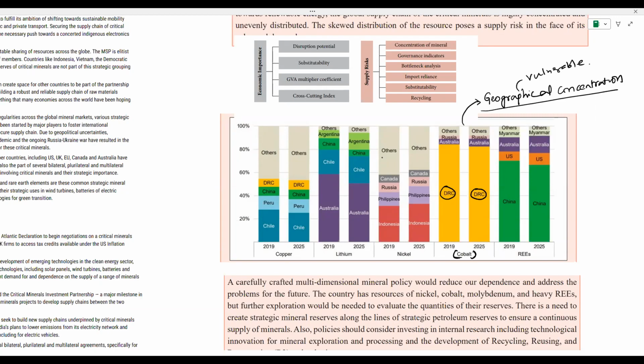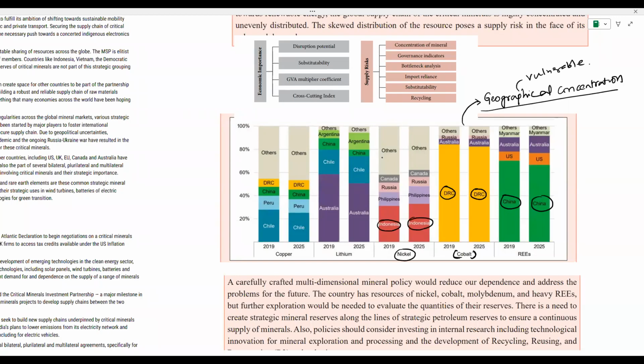Now you see rare earth elements. 70% is coming from which country? Then you see nickel. 40% is coming from which country?